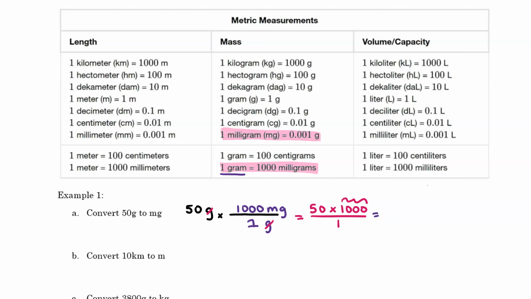So I have the number 50, and its decimal place is here. I need to move the decimal 1, 2, 3 spaces, which is the same as just tacking on 3 zeros. But I want you to keep the idea of moving the decimal place in mind. So I have 50,000 milligrams.